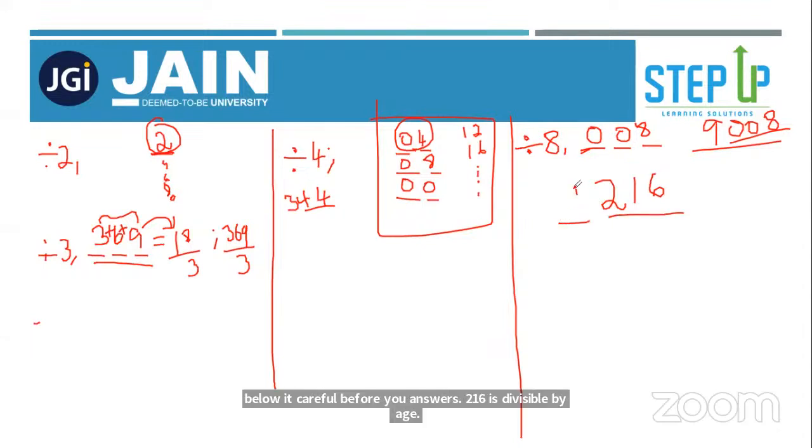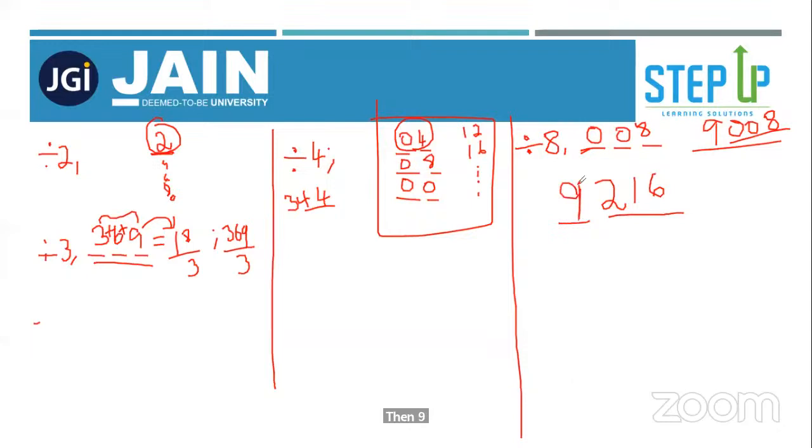Then 9216, is it also divisible by 8? Yes, 216 is divisible by 8 for sure. If 216 is divisible by 8, is 9216 also divisible by 8 or not?